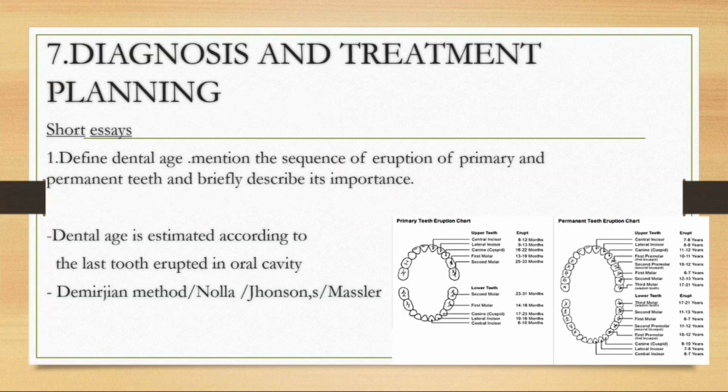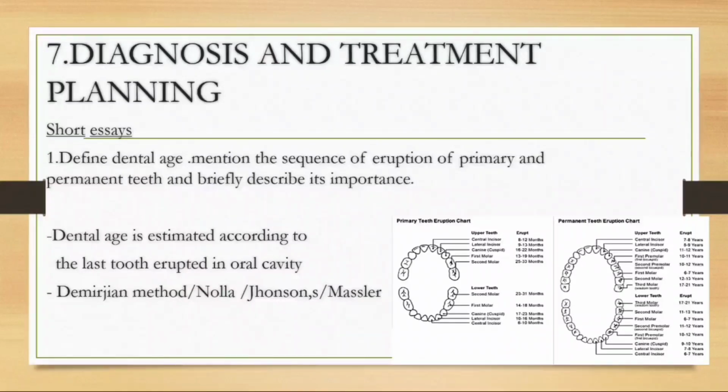Next, diagnosis and treatment planning. The question was: define dental age, mention the sequence of eruption of primary and permanent teeth, and briefly describe its importance. Dental age estimation is a very vast topic. It is estimated according to the last tooth erupted in the oral cavity. We have the Demirjian method, Nolla's method, Johnson's method, Massler method.